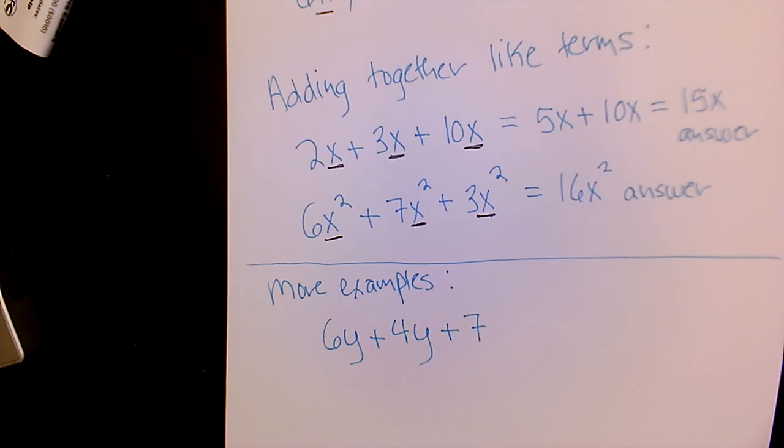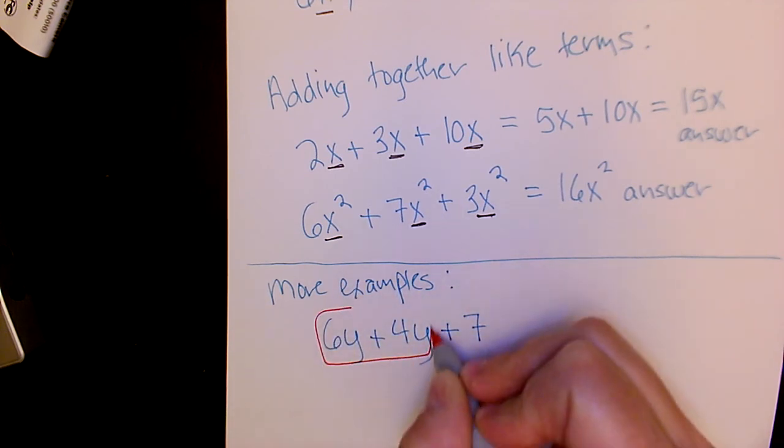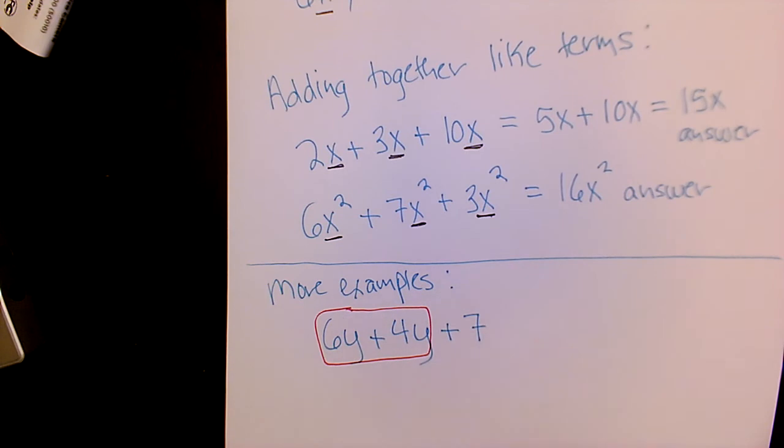What I like to do is put boxes around the like terms, or the terms that match up. So in this case, there are my like terms, and I don't have anybody to go with the 7. I don't have another number.